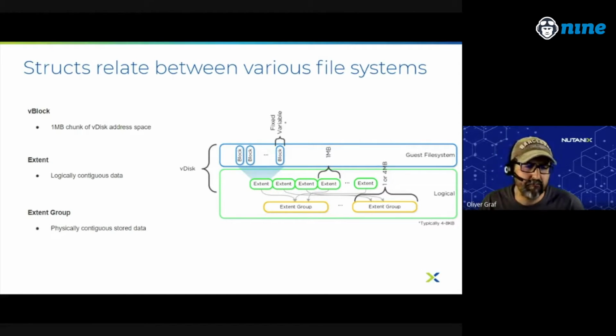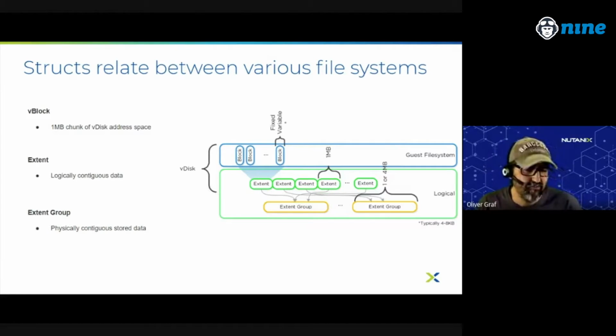These vBlocks map to the extents, which are actually stored as files on the extent groups. So the extent is a 1 megabyte piece of logically contiguous data, which consists of n numbers of contiguous blocks that actually vary depending on the guest OS block size.